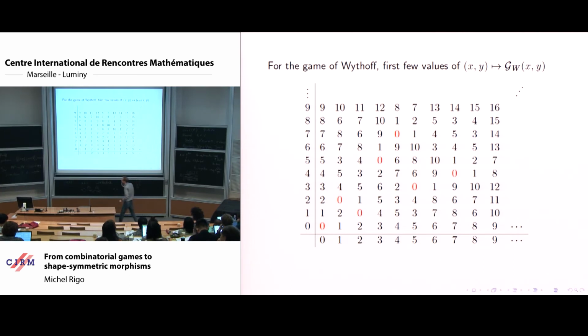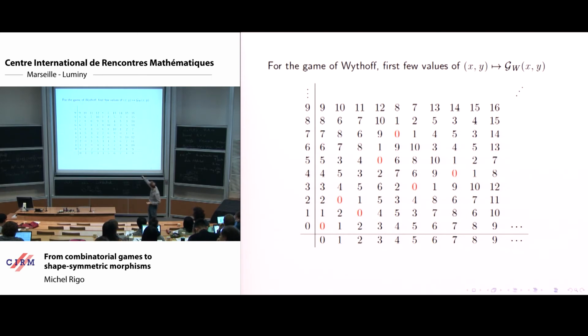This is not the same formula anymore, but remember that to know the Grundy value somewhere, you just have to know the Grundy values of all the options. And so, at this point, why do I have a 1? What is available to this position? You can play in one direction, you remove something on one pile.